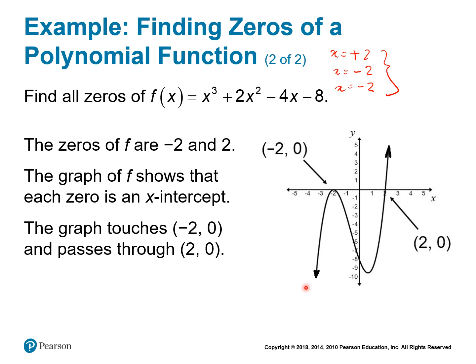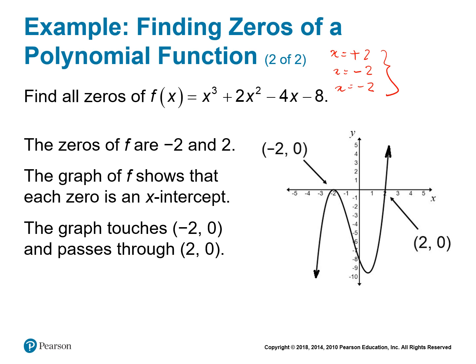So we determine the end behavior of this particular graph. Or did we not? I don't think we did this one, but let's do that quickly. We are here trying to determine the end behavior of the graph.